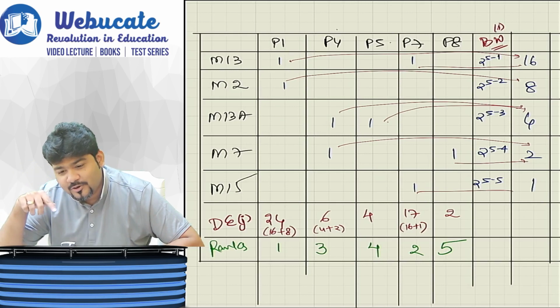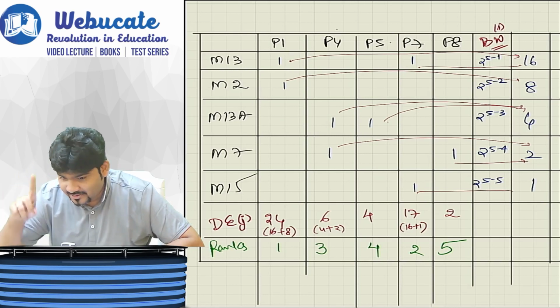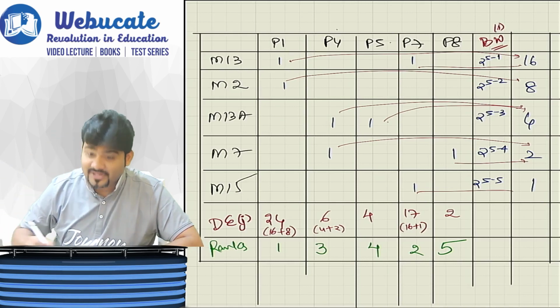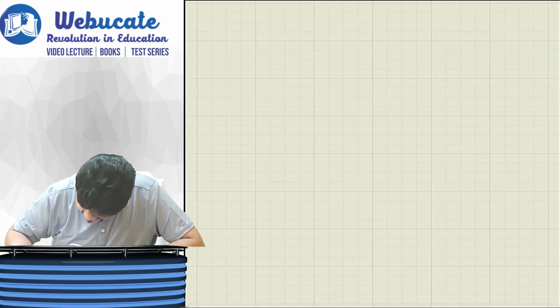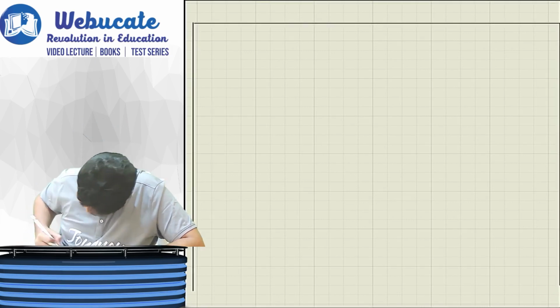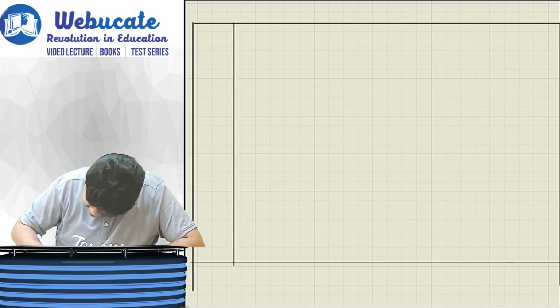Now the BW will go down, DE will go up. But remember, now the ranks are from P1, 4, 5, 7, 8. So first you will draw M13, M2, all of that. Just to give you an idea, first you will draw this.